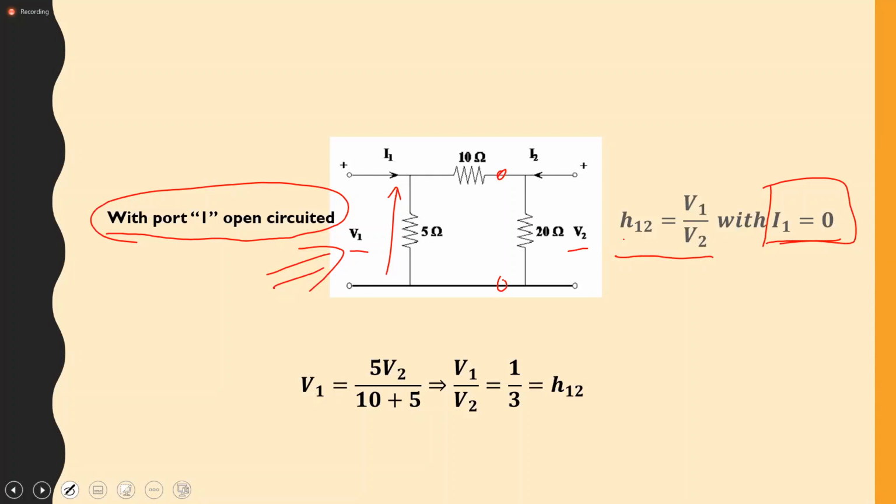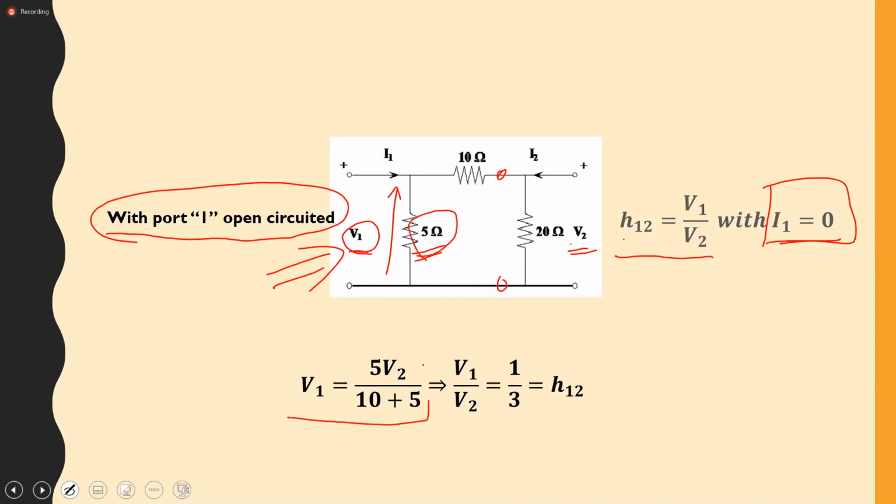All I am doing is using voltage divider to determine the voltage across the 5 ohm resistor in terms of V2. So that will be 5V2 over 15. But we know, as I said earlier, that V1 is also the voltage across the 5 ohm.